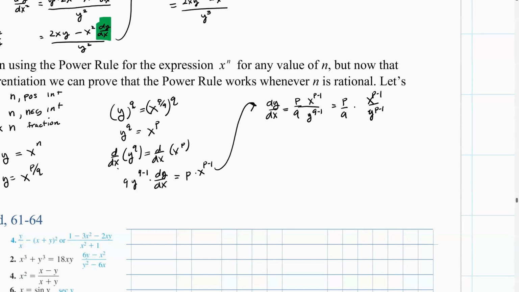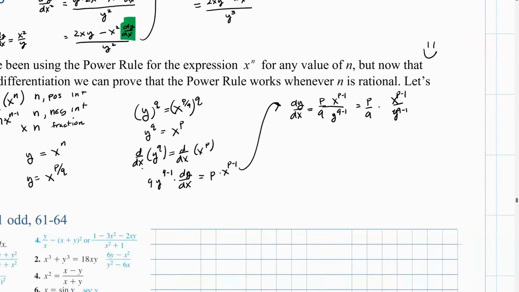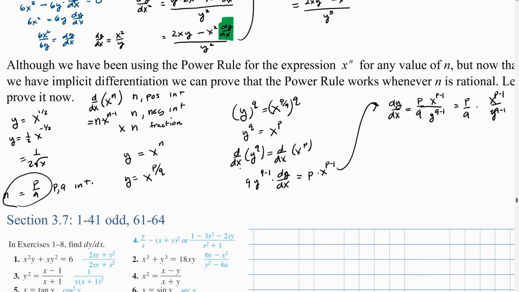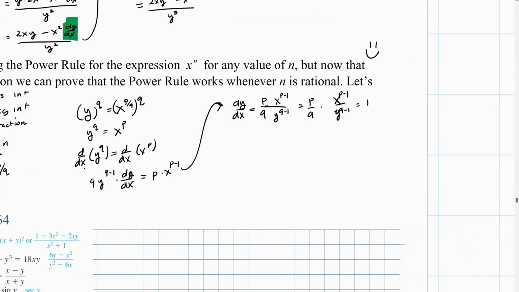This makes us happy. That's a terrible happy face. Try that again. That makes us happy because this p over q we said already is equal to n. So I'm going to make that last change. This is already n times x to the p minus 1 over y to the q minus 1.